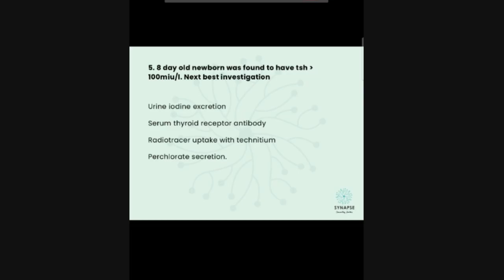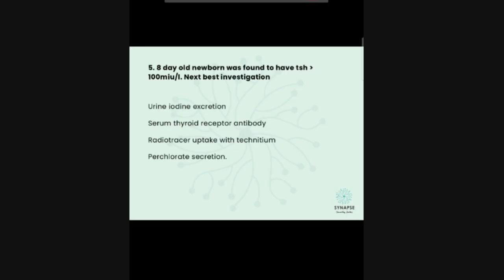We'll just start with congenital hypothyroidism management. Before that, the TSH values like we use in adults, 5 to 5.5 international units per liter, are not applicable for newborns. For newborns, the cutoff is different for less than 2 weeks and more than 2 weeks. For less than 2 weeks, if TSH is more than 20 international units per liter, we take it as significant and have to evaluate.